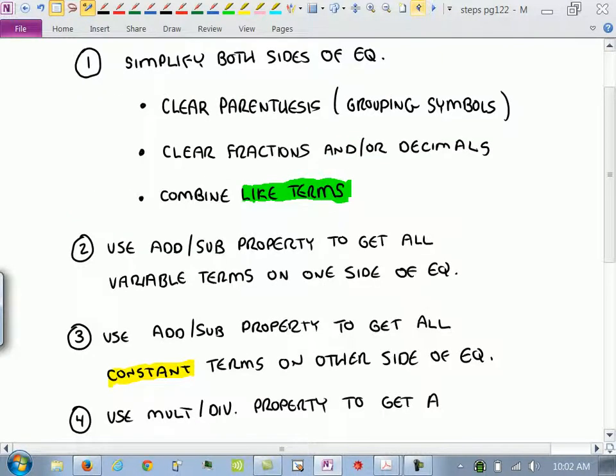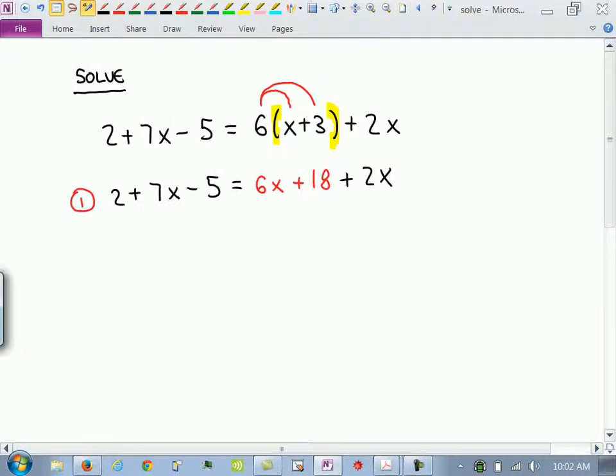Okay, next thing, combine like terms. So I'm going to go back over here. And on the left side of the equation, I'm going to look at everything over there and combine together whatever can be combined. So what can be combined over there? The 2 and the minus 5, right? The 7x is a variable term.